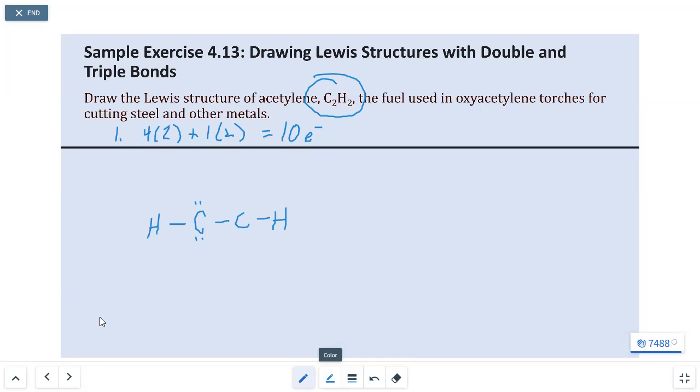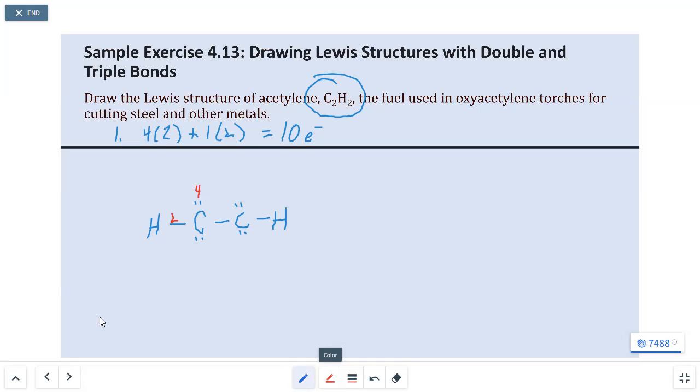This carbon also has 2 and 4. It needs 6 and 8 to fill out its octet. And again, the hydrogen's okay with its 2 electrons. So this is our simple structure. Let's see if it's any good.